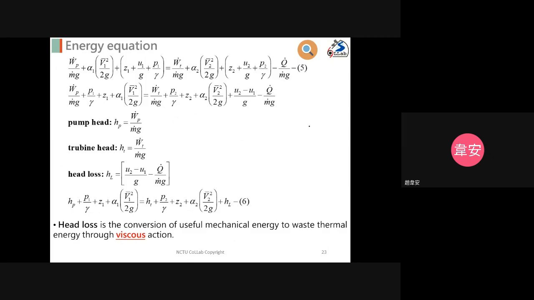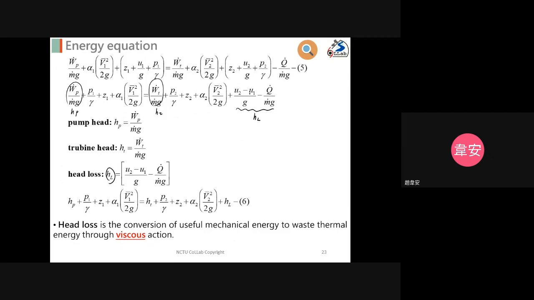If we have equation 5, we define the pump head H_P, this is the H_P, and we define the turbine head. This item is the H_T, and we define the head loss H_L here as equal to this item.